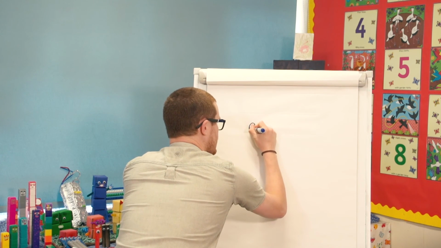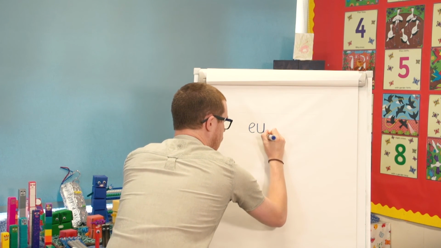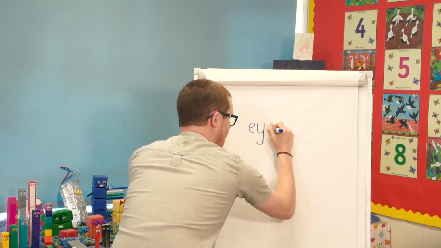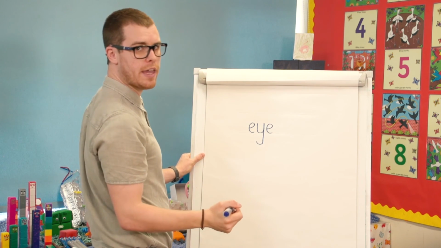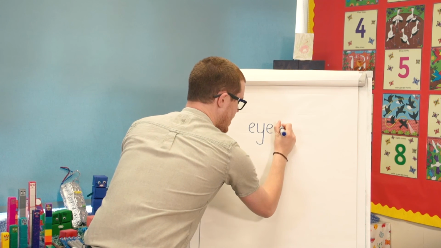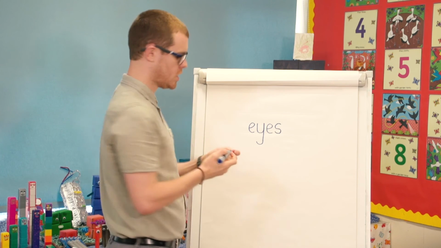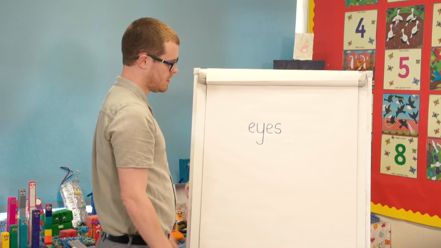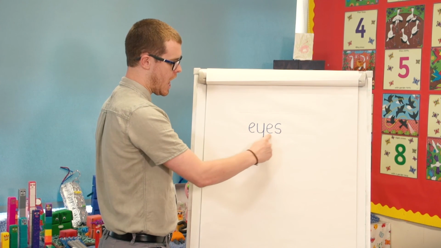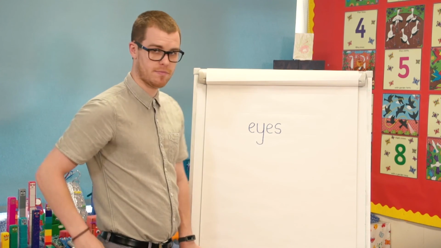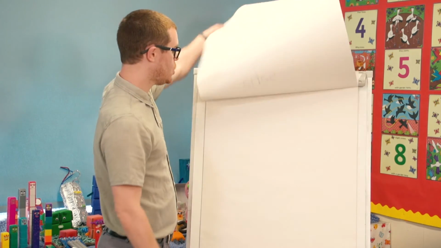The letters E, Y, and E say I. And then at the end, the letter S says Z. So the word is eyes. I-z. 2 sounds.